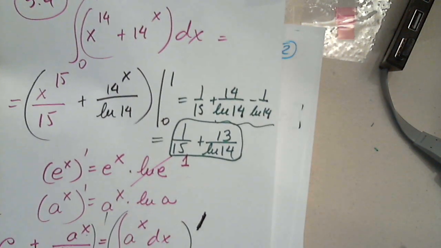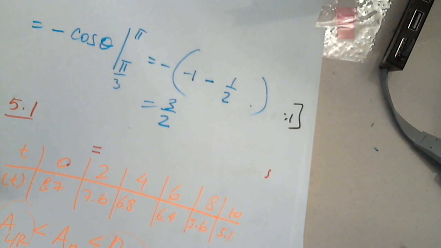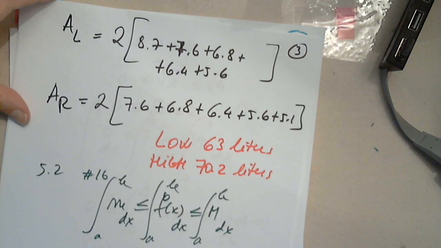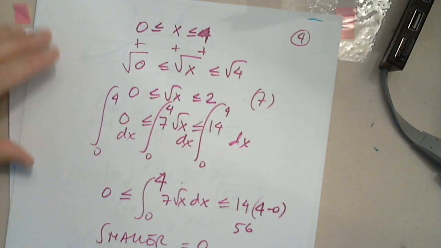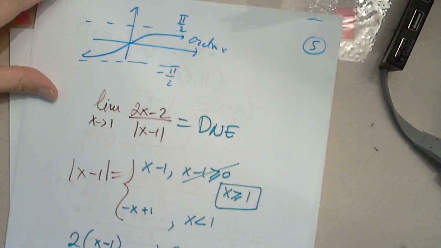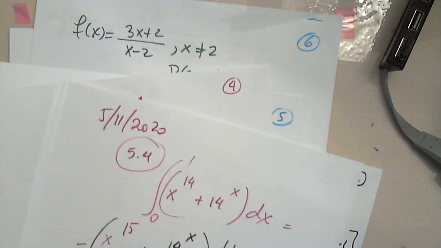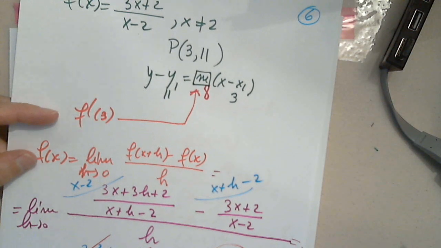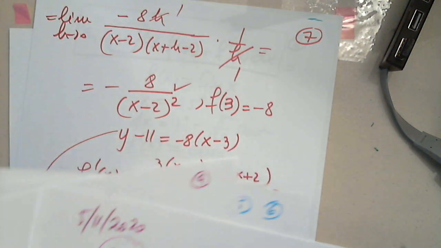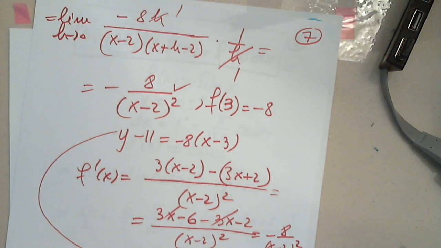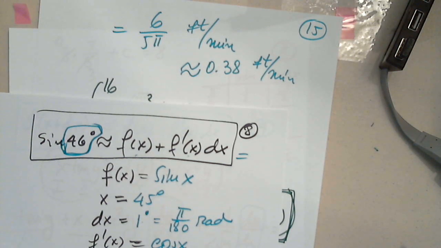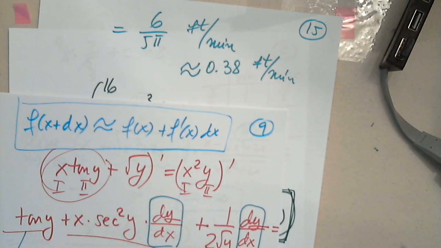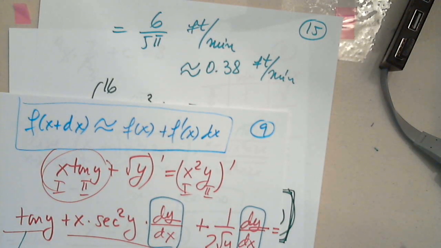So this is what we covered last night. Something from 5.1, from 5.2, one of the problems at the very end, 16. Some limits, a limit from the previous final. The first problem from the previous final. What else? The approximation of sine 46 degrees using differentials. Implicit differentiation.